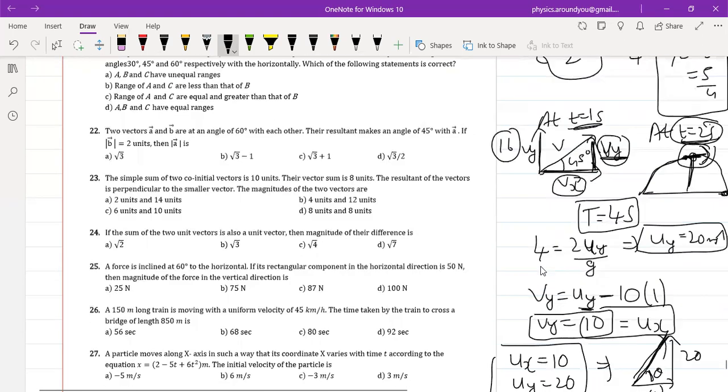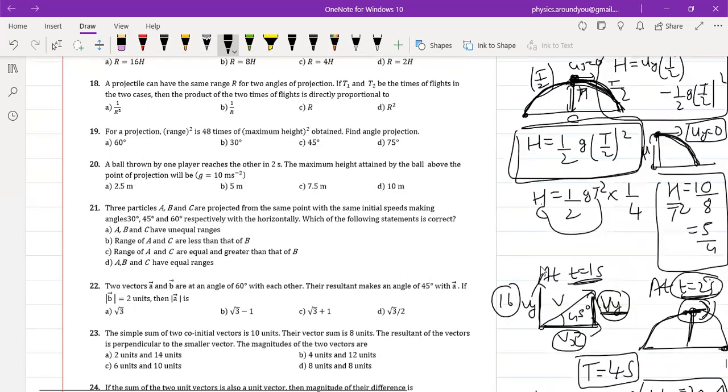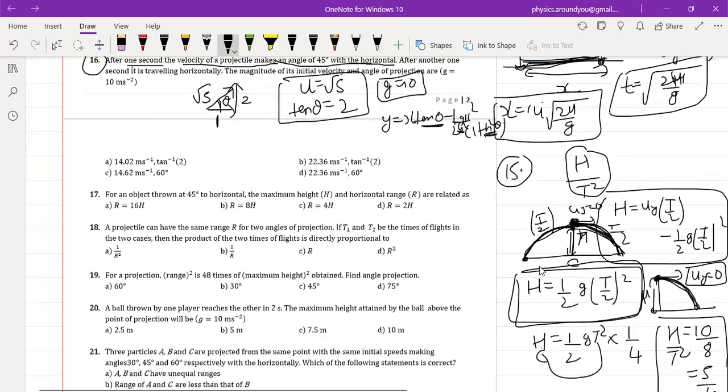And 10 root 5 would be a tad above 20. So I can say that initial speed should be 22.36, because root 5 is around 2 point something. 10 into 2 point something would give you more than 20, so 22.36. And the angle of projection is tan theta equal to 2, or theta equal to tan inverse 2. So 16:1 goes with B.